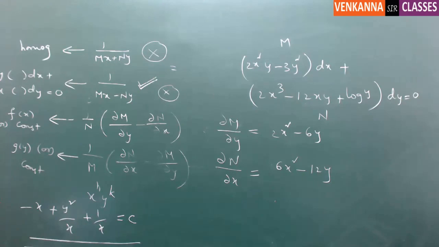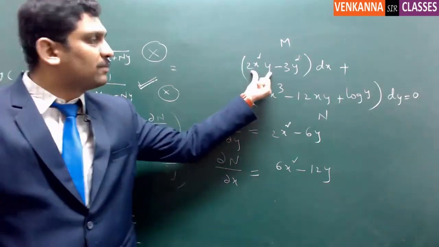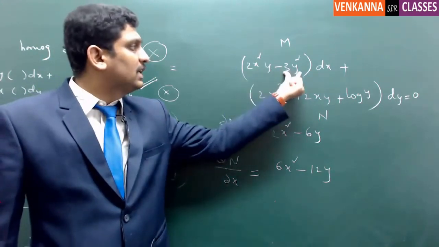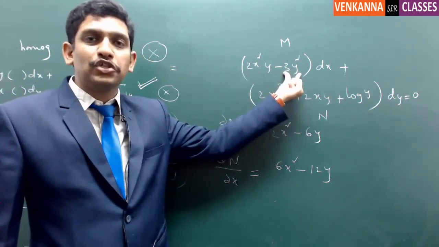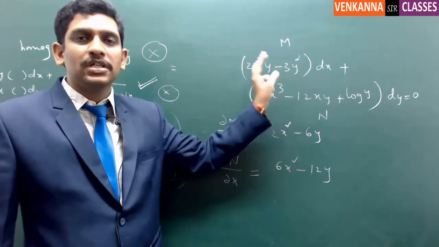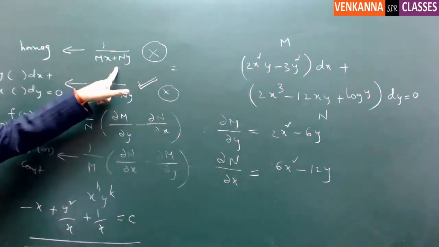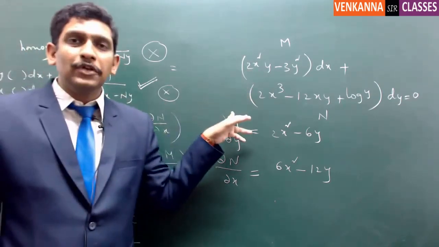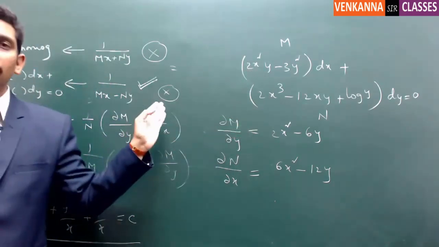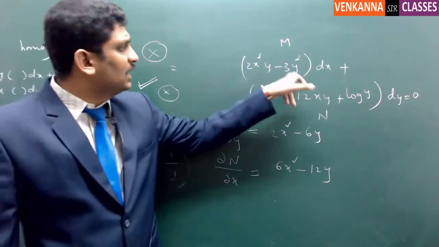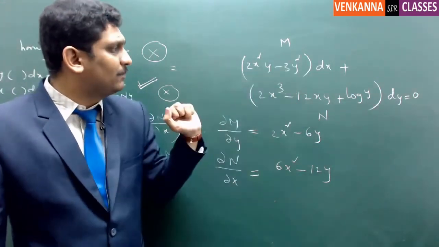Now coming to evaluation, please check. In the first term, the power is 3. In the second term, the power is 2. Powers mismatch, so it is not homogeneous, and the first formula is not applicable. Coming to the second one, we should be able to take y common in the terms.